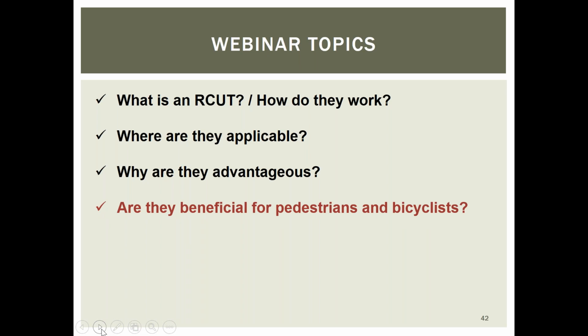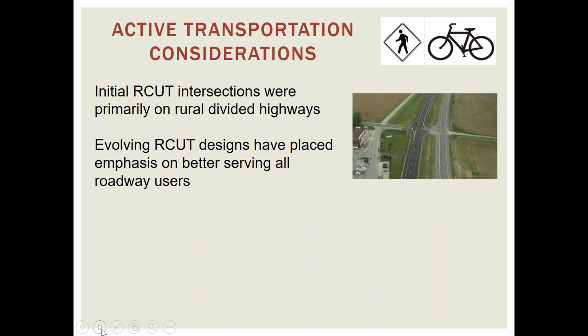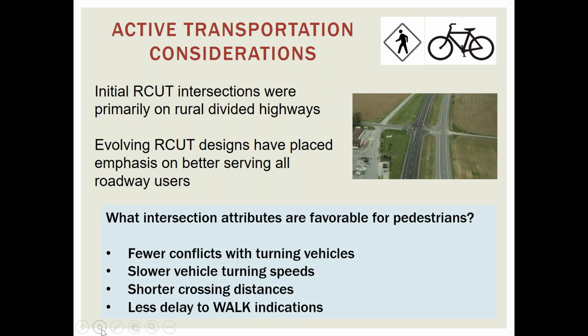So next, I want to get into talking about pedestrian and bicycle advantages. Our first R-CUTs or J-turns really were predominantly in that rural context where there really weren't a lot of pedestrian or bicyclist activities, but we are evolving in terms of the designs that place a better emphasis on serving all roadway users.